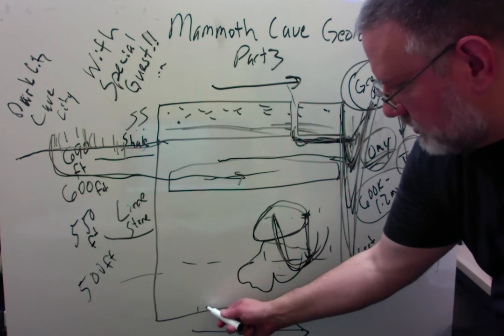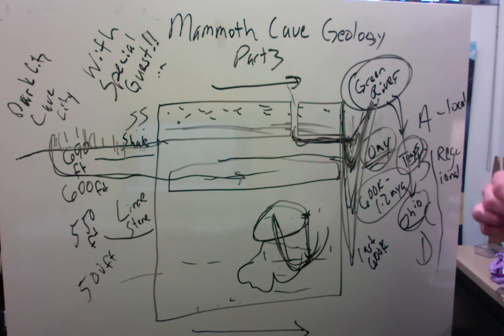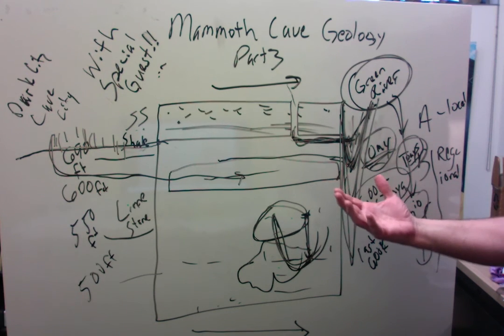Eventually you run into less pure limestone. So level D right now, the active part of level D is right up against some limestone that has a lot of silica in it, and it's not prone to forming really nice cave like Mammoth Cave.